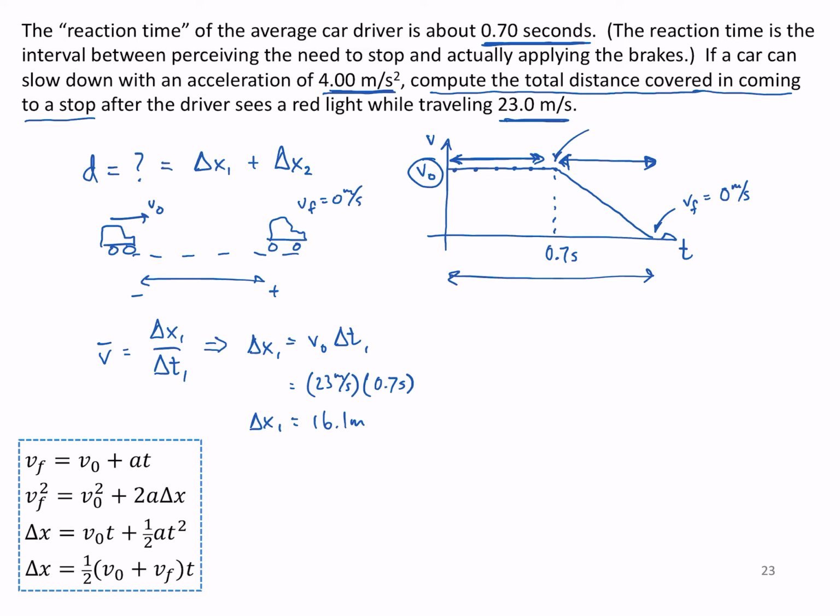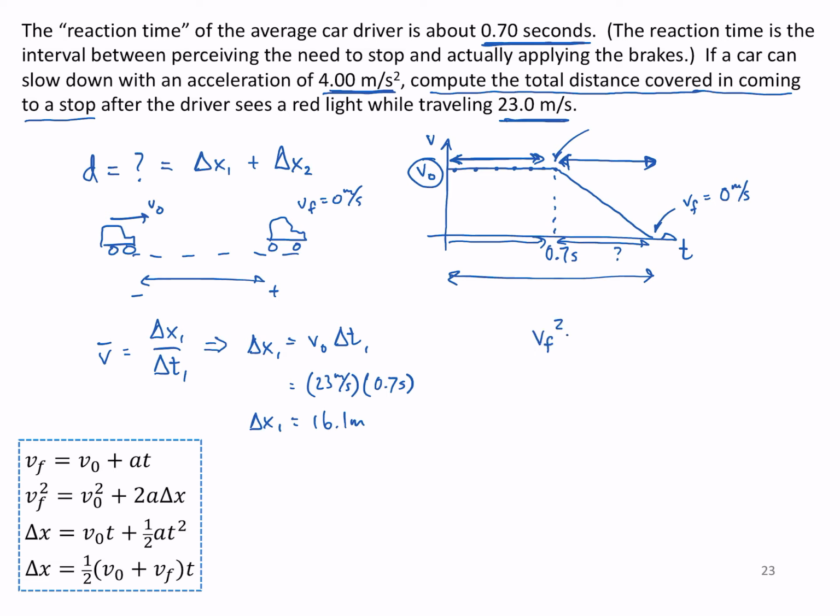But the shortest route between two points here is to use the one that doesn't involve time. Although we know exactly how much time it takes for this first part of the motion to occur, we actually don't know how long it takes for this second part. We could go find that out, but we don't know it to start with.